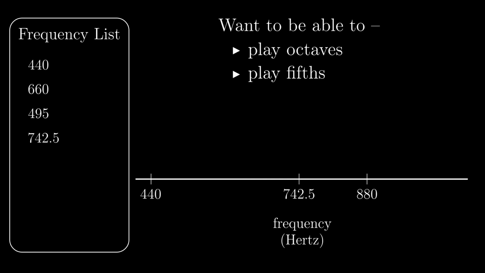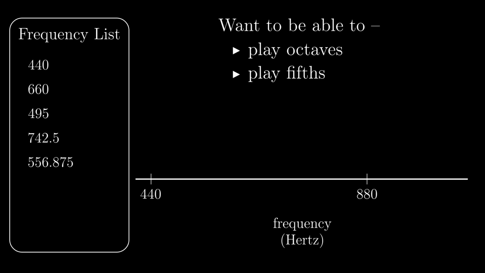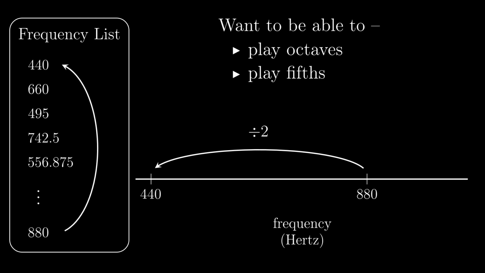So we continue this way, repeatedly going up by fifths and occasionally going down an octave if we hit a frequency above 880. Now, when should we stop this process? Well, if at some point we hit exactly 880, then after going down an octave, we will return to our starting point, 440, and there will be no more new notes to get from the process.